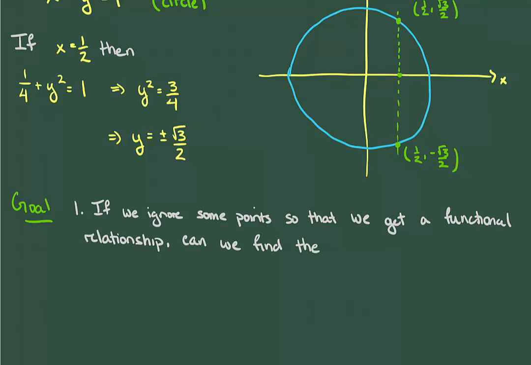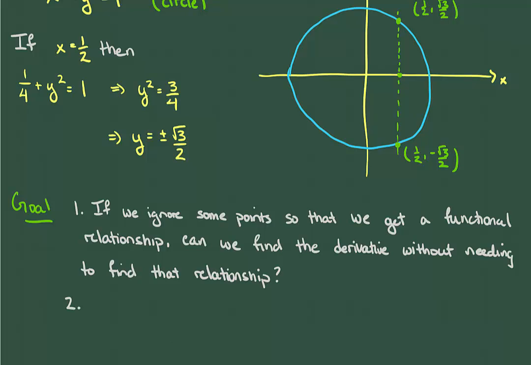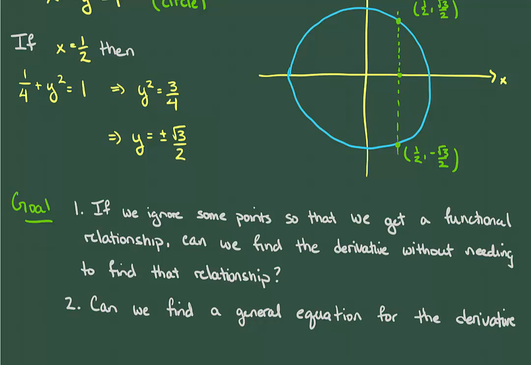Doing this, can we find the derivative of y with respect to x without having to actually solve for that explicit relationship? And two, can we find a general expression for the derivative, which works for any pair of points which satisfies our given equation? We'll be able to do both of these things, but the procedure is a bit tricky. I'll try to spell it out slowly so you get an idea of how it works.